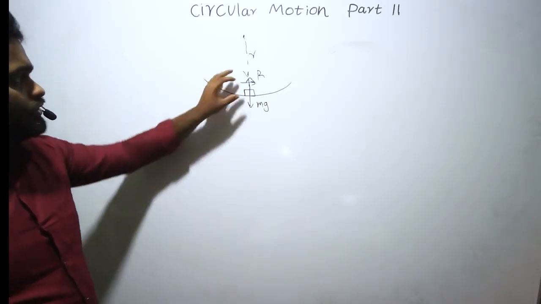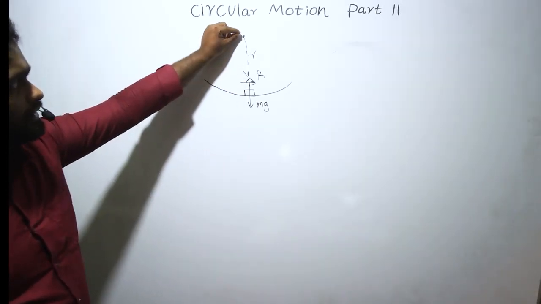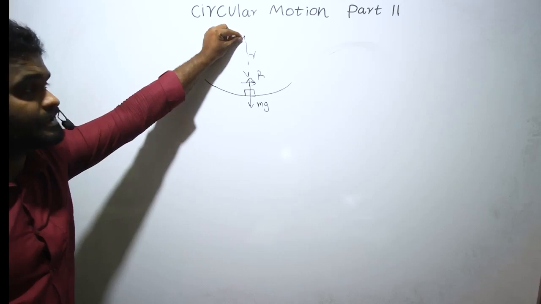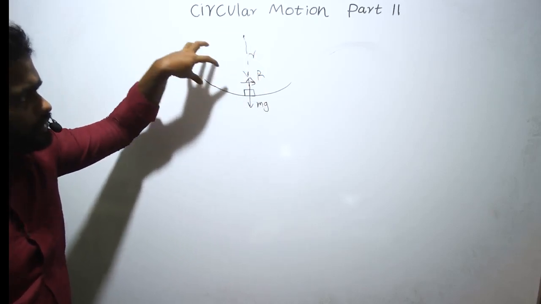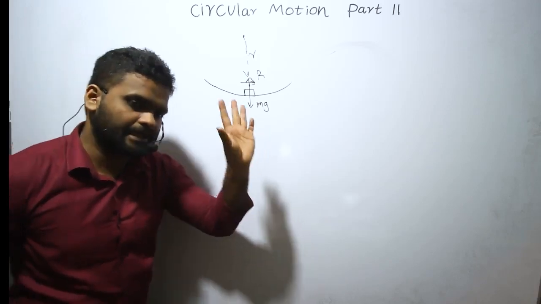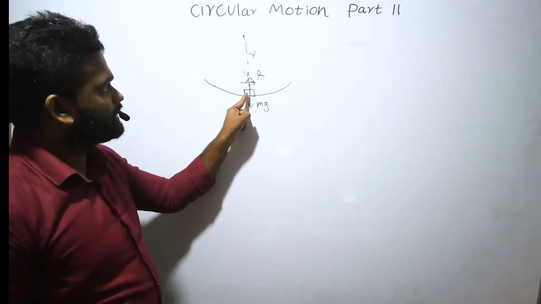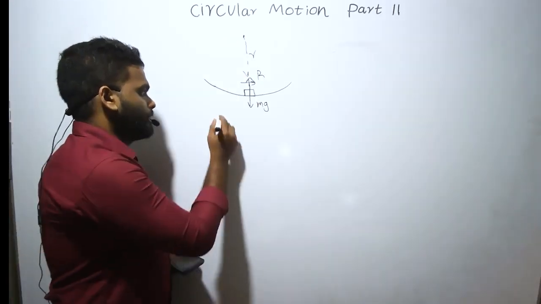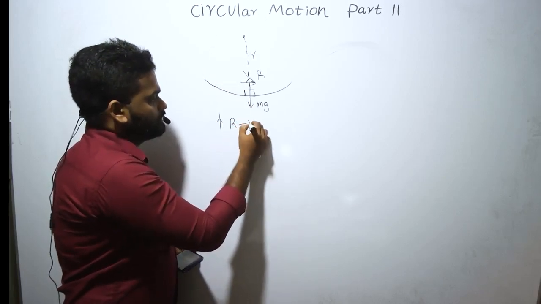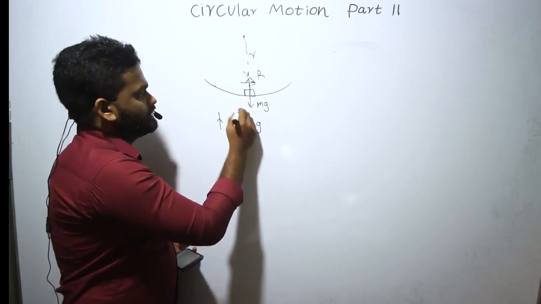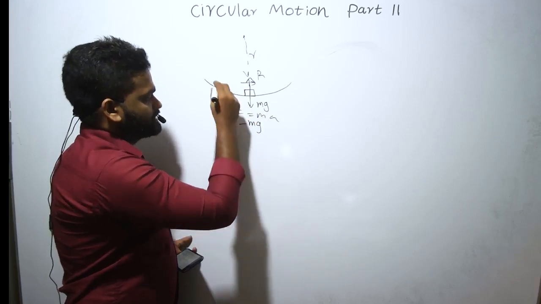So as usual, all you have to do is just apply F equals ma towards the center. Since you don't have to compare two cases, you don't have to apply energy conservation, right? Just apply this towards the center. So you get R minus mg. I'm applying F equals ma towards the center.